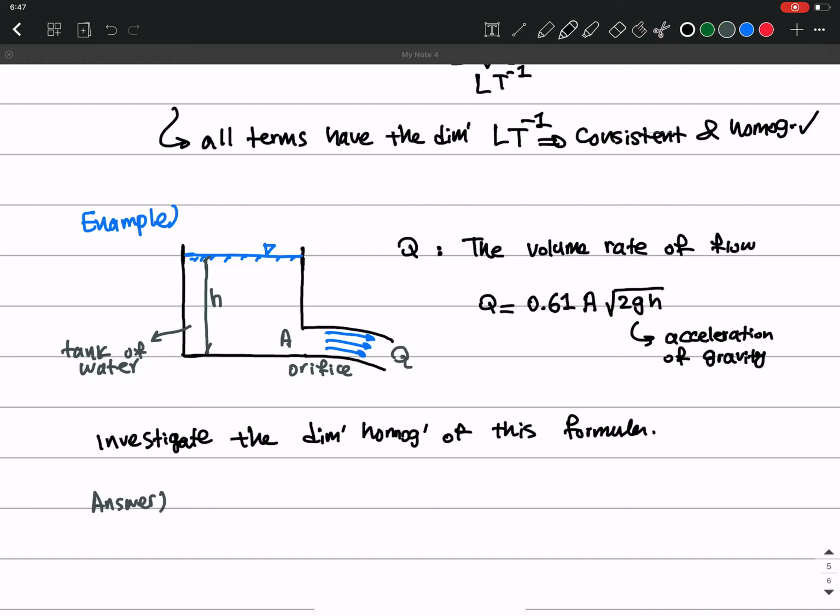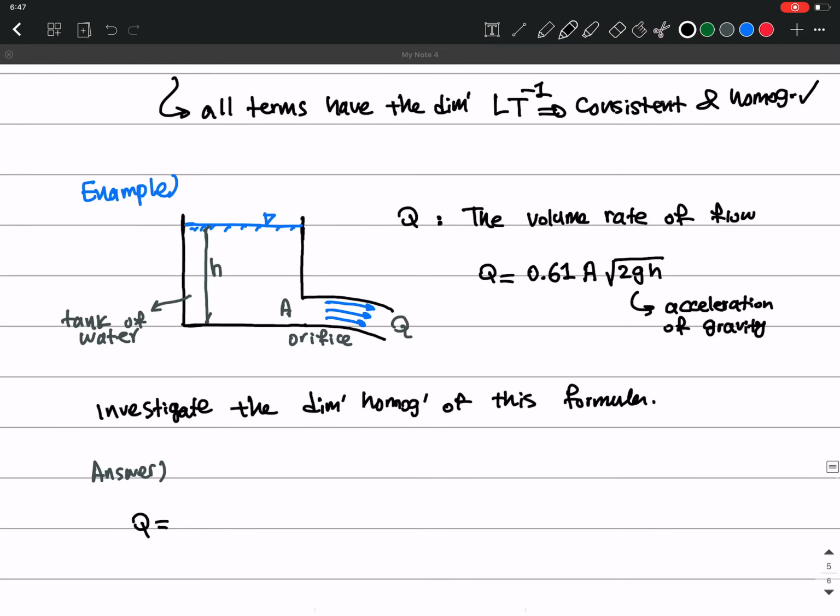So Q is the volume rate of flow. Let's write the definition. Volume rate means volume per time. So the dimension is going to be volume, which is L cubed, length times length times length, over time, T. So this is going to be L^3 T^-1.